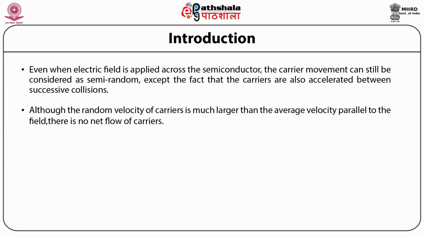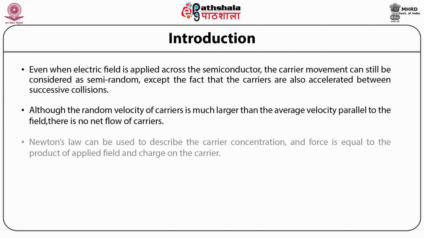Although the random velocity of carriers is much larger than the average velocity parallel to the field, there is no net flow of carriers. Newton's law can be used to describe the carrier motion, and force is equal to the product of applied field and charge on the carrier.